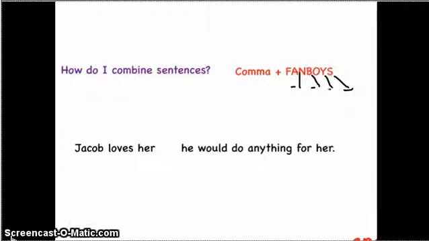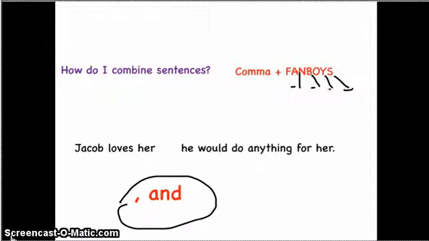And, but, yet, or so. Hopefully pick something like this. And I'm not arguing against using one of the other fanboys. This one just works for me. So how do I combine sentences? I use comma fanboys. What does that look like? Jacob loves her. He would do anything for her.